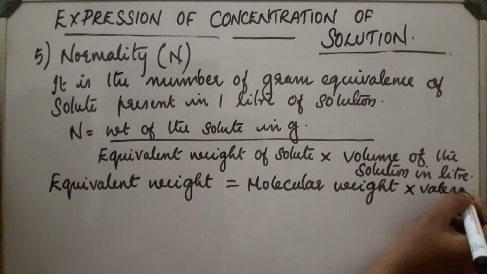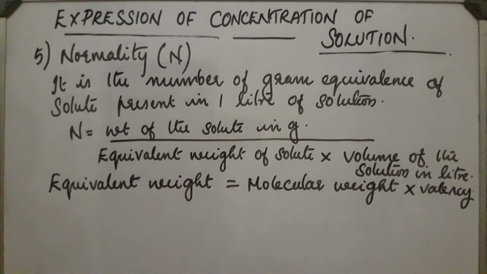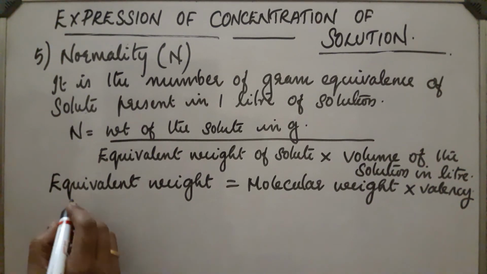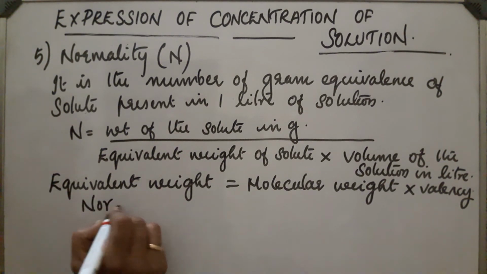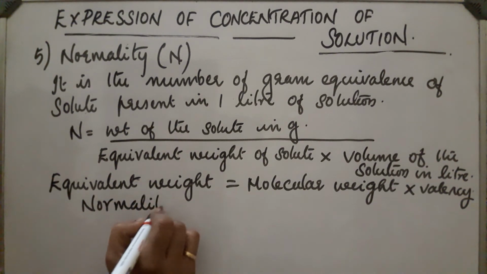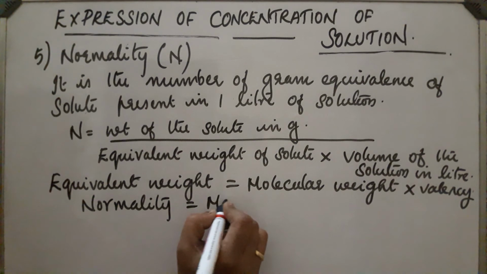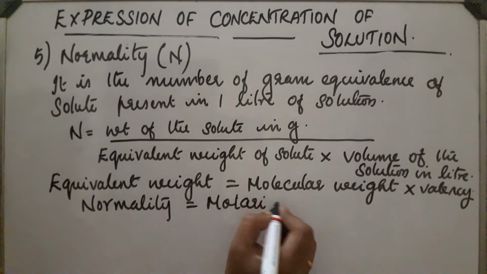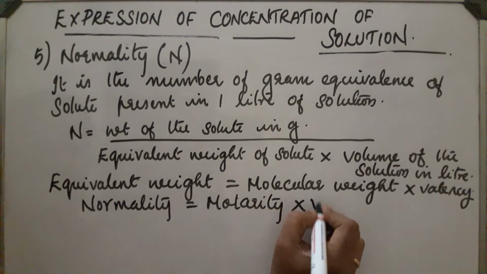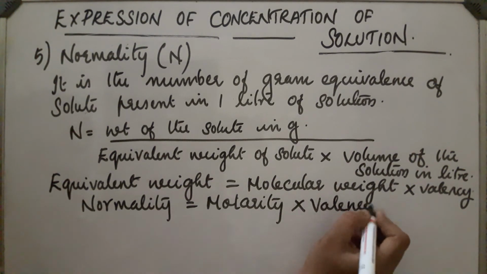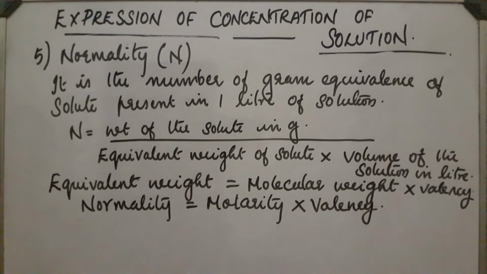In the case of molarity, we take the molar mass or molecular weight of the solute; here we take the equivalent weight of the solute. So this is the difference between the two. Normality is equal to molarity into valency; this is the relation between normality and molarity.